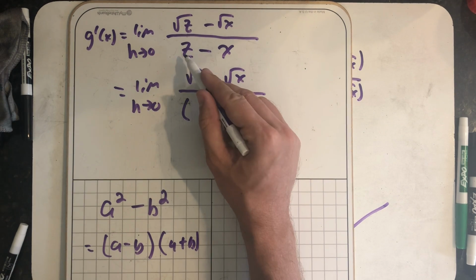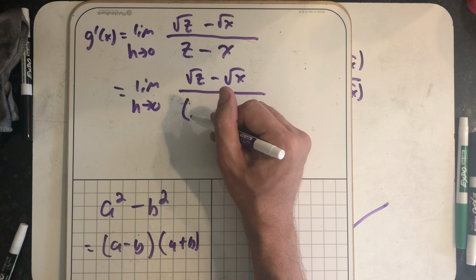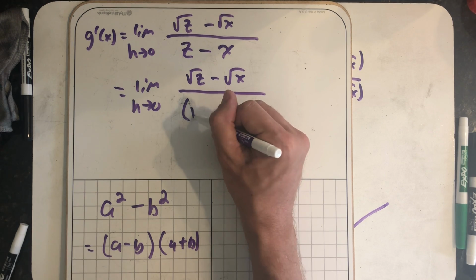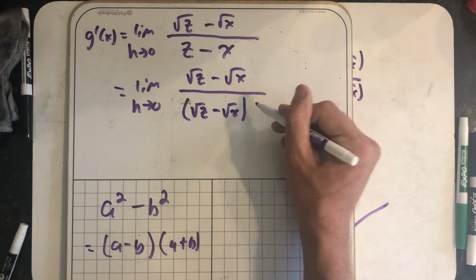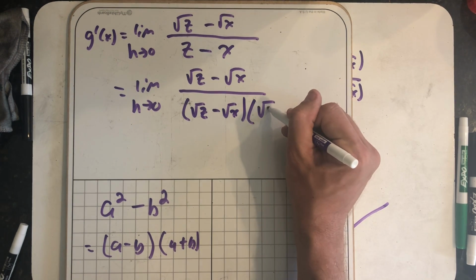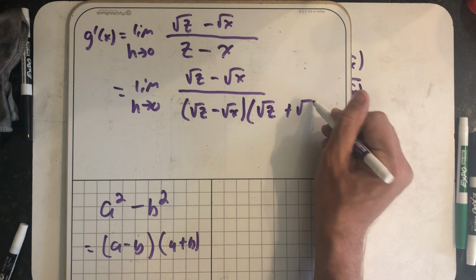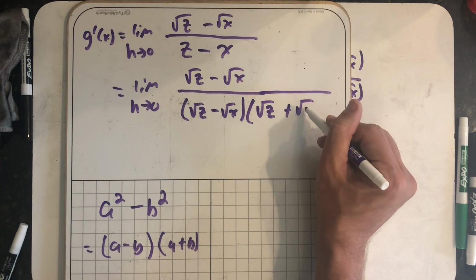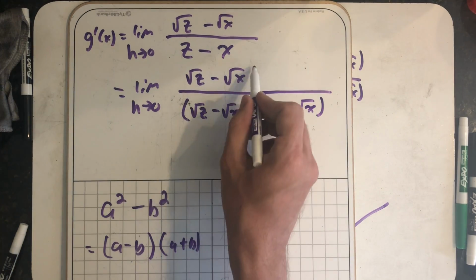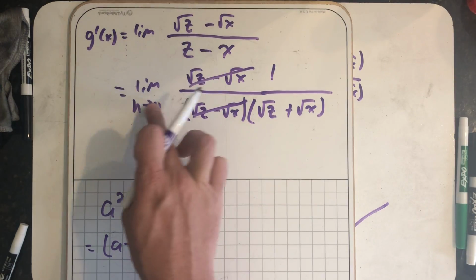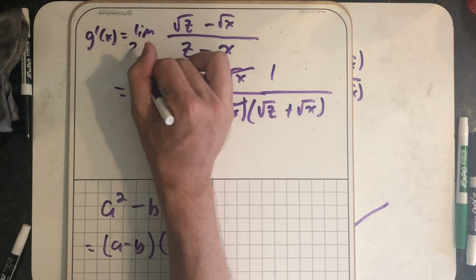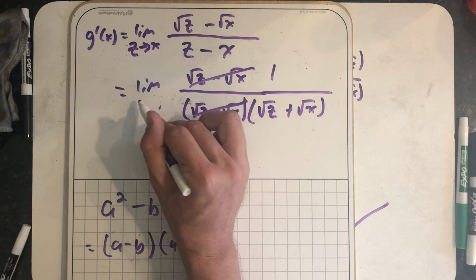So, if I'm thinking of that as a square, then its square root is root z. If I'm allowed to use square roots, I can treat any difference as the difference of squares. And now I can cancel that out. Oh, and I wrote h goes to 0 there, and that was supposed to say z goes to x.